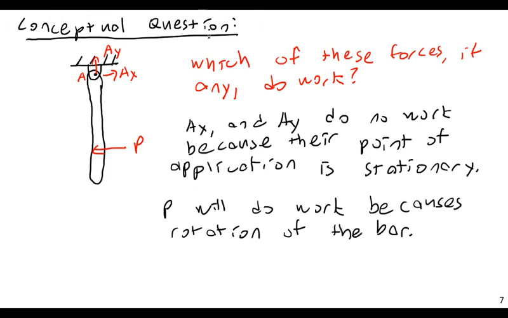And also, these can't contribute to the rotation of the bar. Why are AX and AY prohibited from causing rotation of the bar or contributing to its rotation? Again, AX and AY will not be able to cause any tendency to rotate the bar. Why is that? Very good.